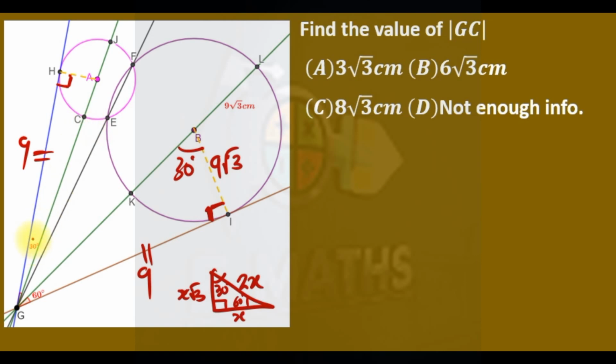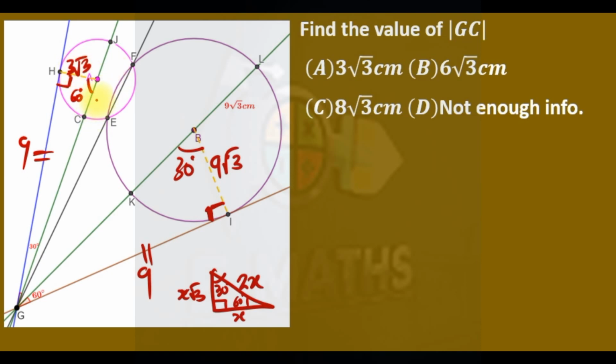And looking at this, it is 30 degrees, and the one they gave us is the one opposite 60. So the one opposite 30 will be 3 times √3. Yes, because if you do 3√3 times √3, you get 9. So the one opposite 90 degrees will now be double, 2 times 3√3, which is 6√3.